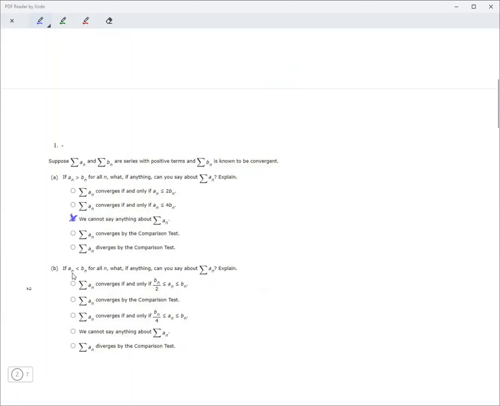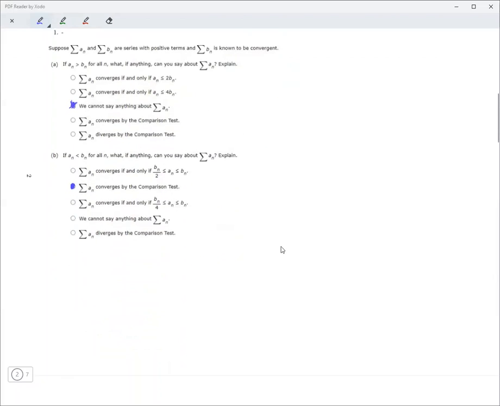On the other hand, if your terms are less than the B sub n and this one converges, then it's going to converge by the comparison test right here. Okay, so this is the proper way to do it.